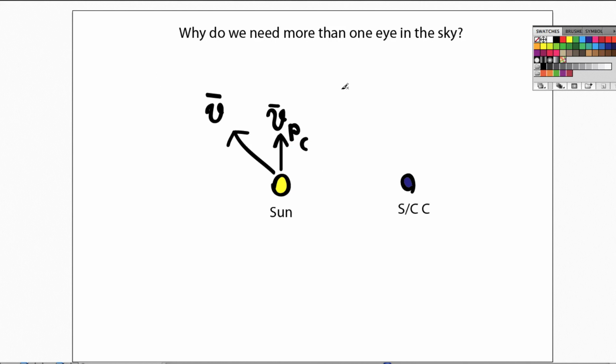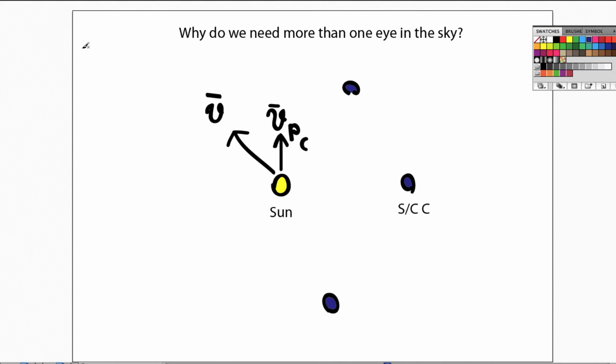We'll do that by adding a couple more spacecraft to our schematic illustration. Let's put one here, put some color for that, and then draw another one about here, with some color for that also.